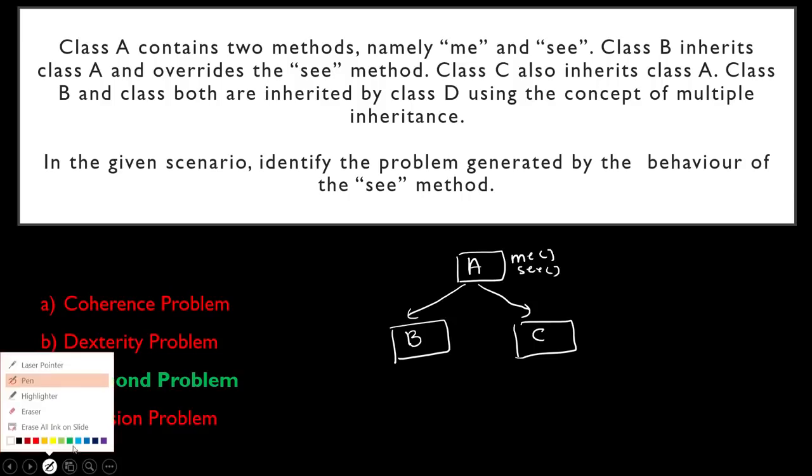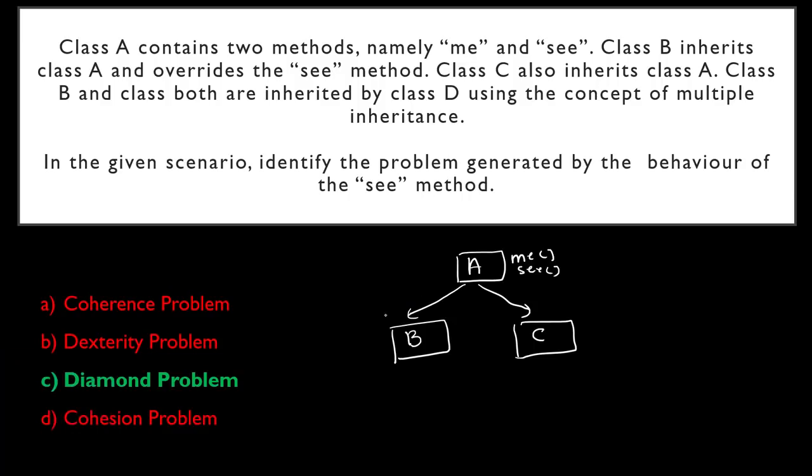Whenever you create these, you mention the virtual keyword. You say this is a virtual inheritance. For example, class C virtually inherits class A. That is how you mention it. The syntax may be different, but this is the concept.